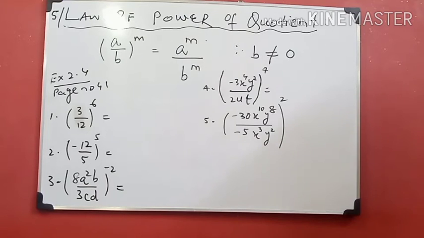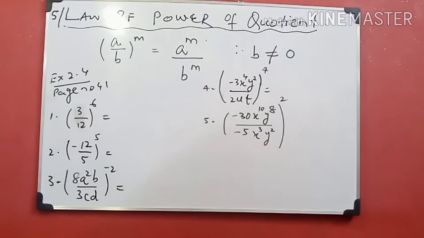Now, question number 1, 3 upon 12 raised to power 6. We look at the question, and in the quotient 3 and 12 both come in the table of 3 and both are multiples of 3.